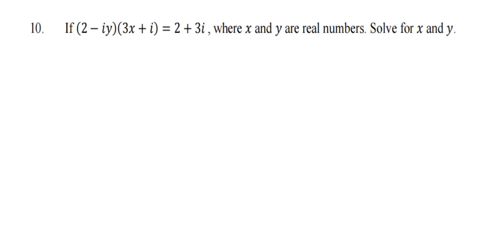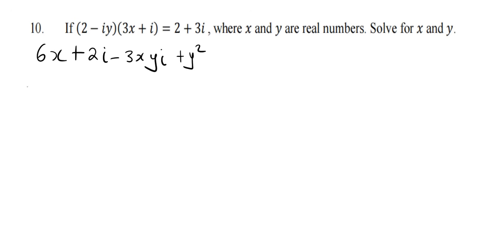2 multiplied by 3x is 6x, plus 2 multiplied by i is 2i. Negative iy multiplied by 3x, we're going to have negative 3x iy. Then negative iy multiplied by i, if we do it in advance, we're just going to have positive y, because i squared is negative 1.